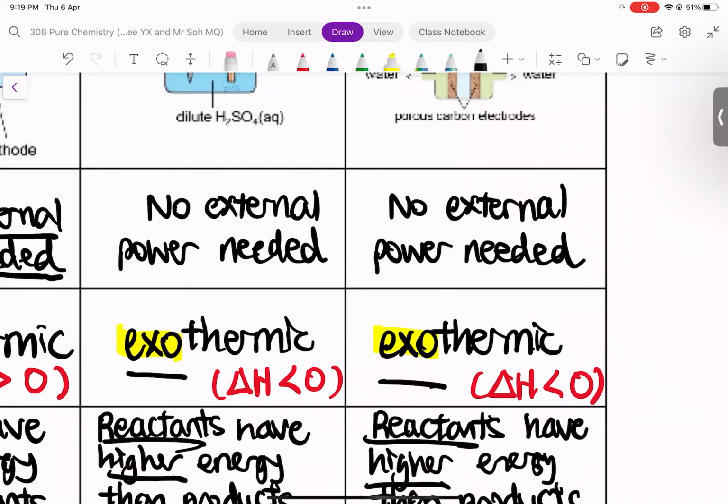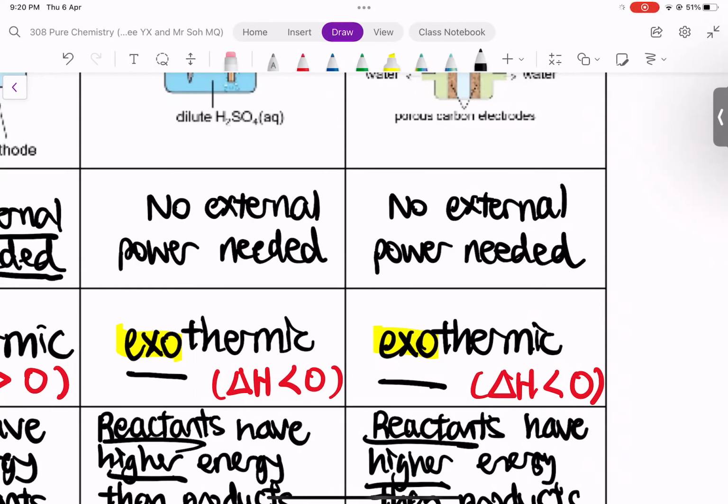But in reality, exothermic could also mean in general that energy is released. It may not necessarily be heat only. So for fuel cells, the reaction is still exothermic. Just that the energy is converted to electrical energy, not heat.